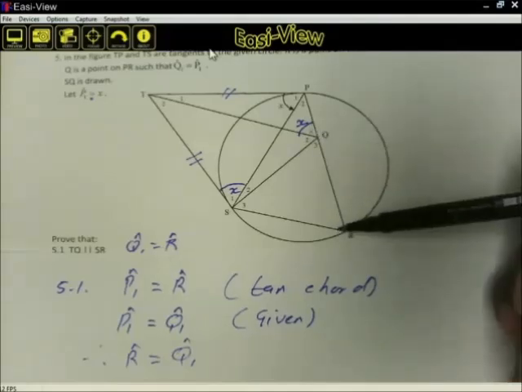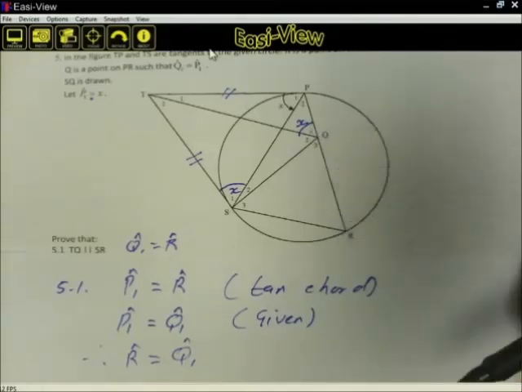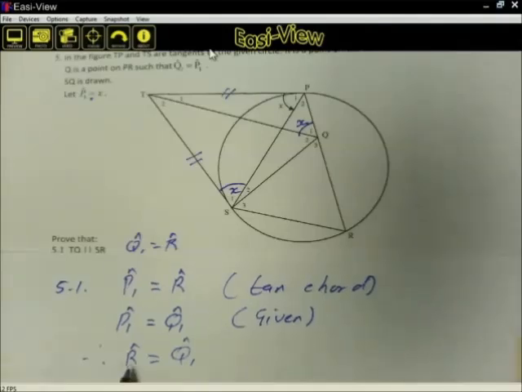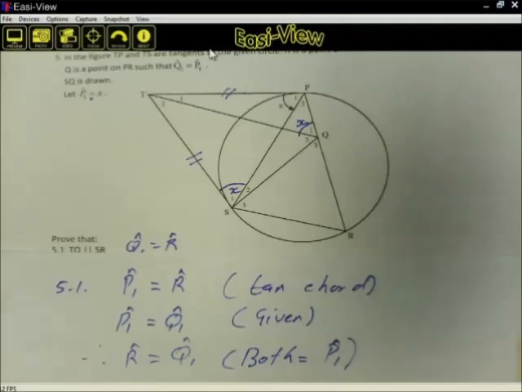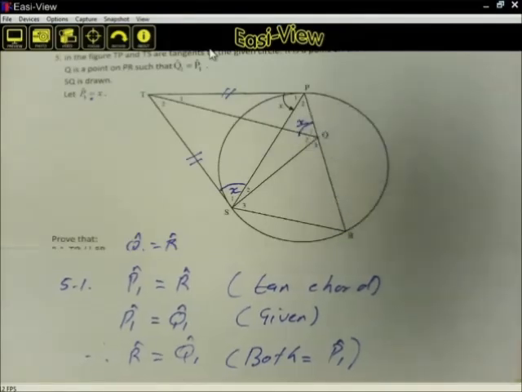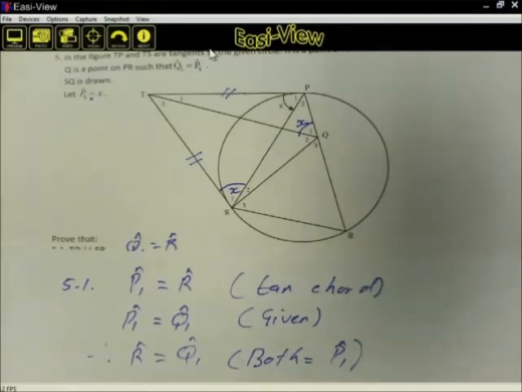Look at Q1 and R. What is the relation between the two angles? The reason for us to say angle R is equal to Q1 is because they are both equal to angle P1. But now the question is, what is the relation between Q1 and R? You can see they lie on top of these two lines. Therefore, those are the corresponding angles. So in this case the corresponding angles are equal.